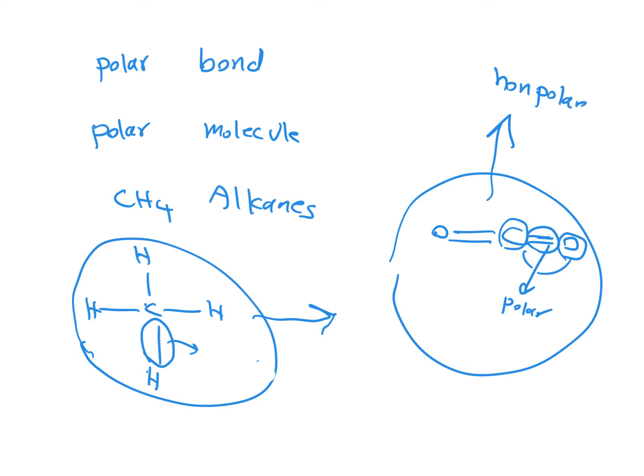Okay, but when we're just talking about bonds, as long as you have different elements, the bond would be polar. But as I said, your book, for carbon and hydrogen, considers the electronegativity of these elements to be really similar.